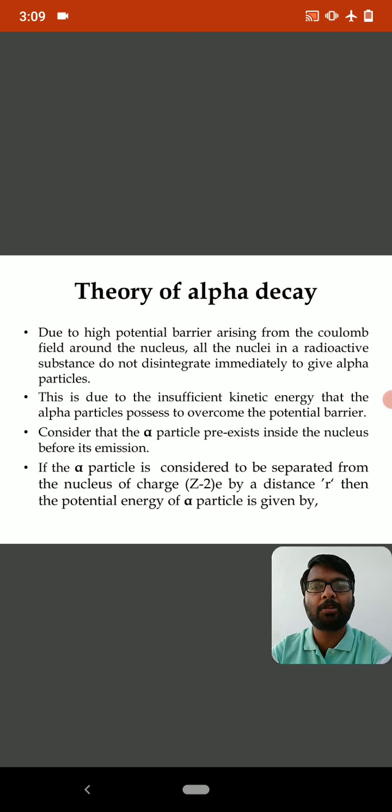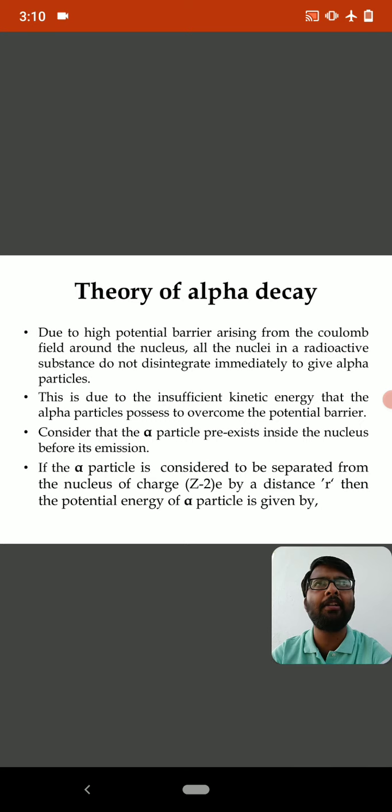Along with this strong nuclear force, there is a Coulomb repulsive force. Because of the Coulomb field of the nucleus, there must be a potential barrier. So all the nuclei in a radioactive substance do not disintegrate immediately to give alpha particles.